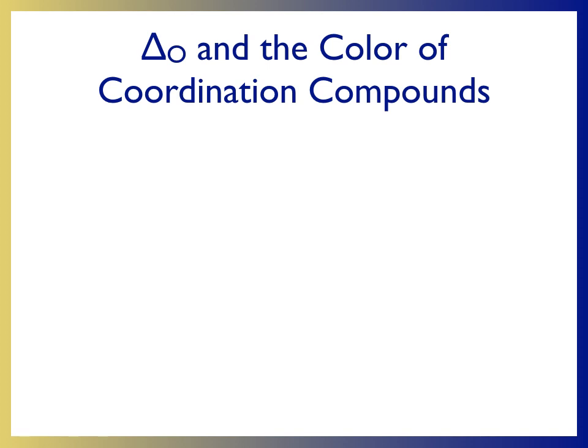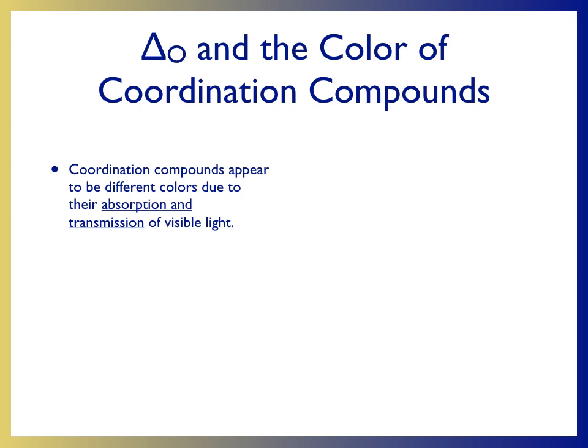Now let's look at how delta O affects the color of coordination compounds. You might remember from your absorption spectral lab that the reason why we observe different colors of objects is due to the absorption and transmission of visible light.